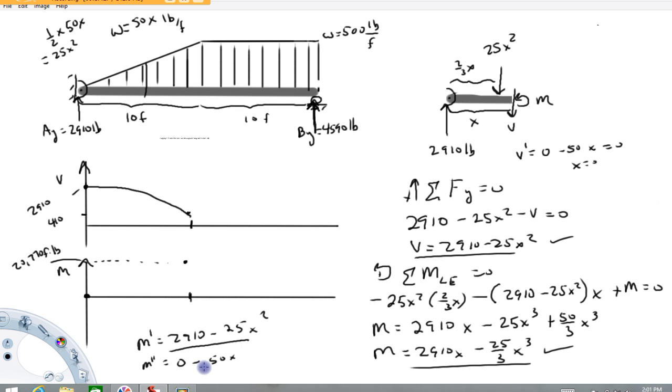So what that's telling us is that this thing is concave, give me a moment here, negative second derivative means concave down. So this thing's looking something like this. Whoops.